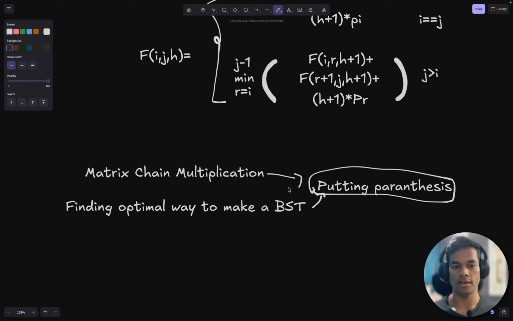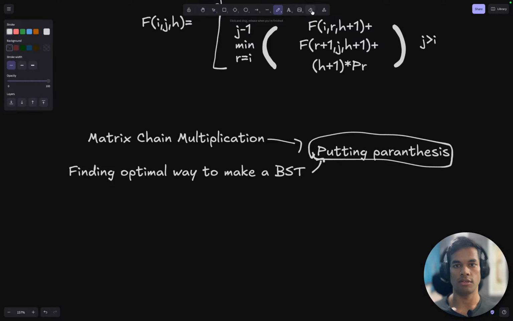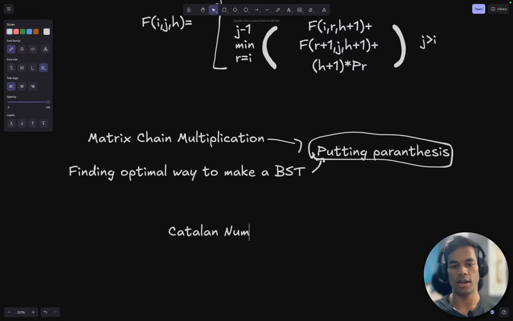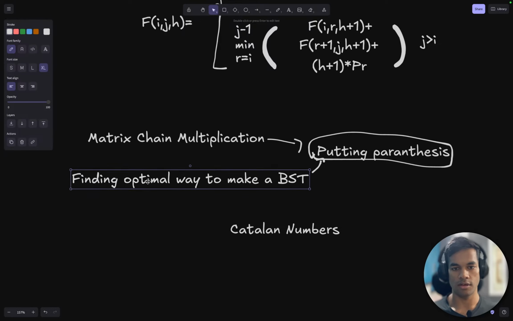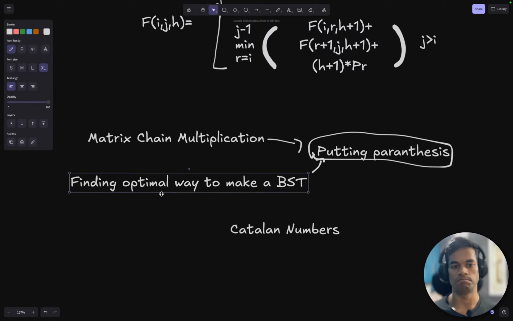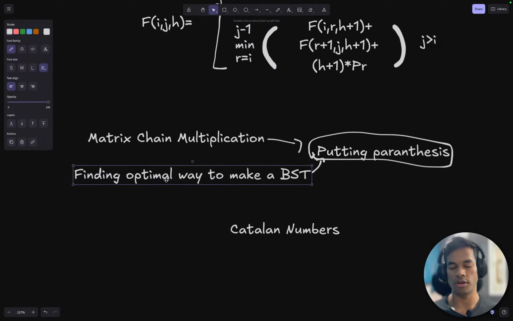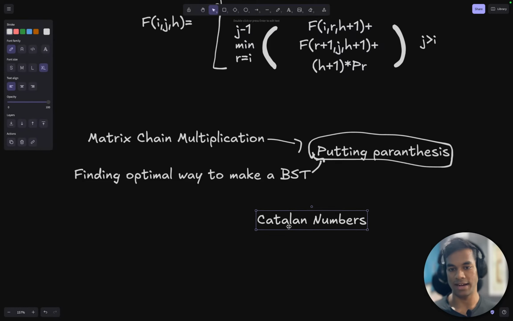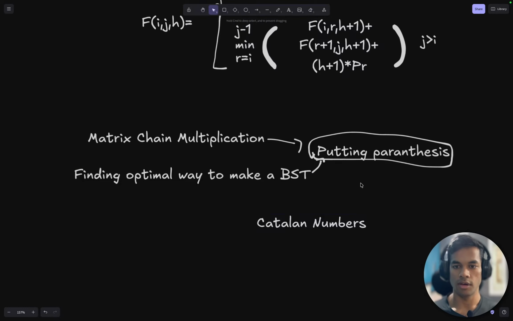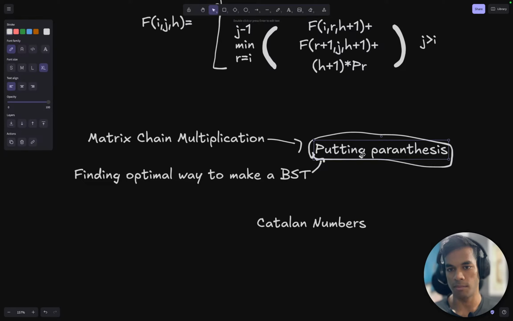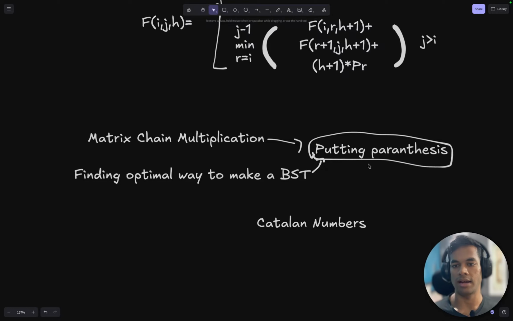And why, you might ask? There is a thing called Catalan numbers, and Catalan numbers are the number of ways you can arrange a binary search tree of n nodes, and Catalan numbers also give us the number of ways that we can put n opening and n closing parentheses.